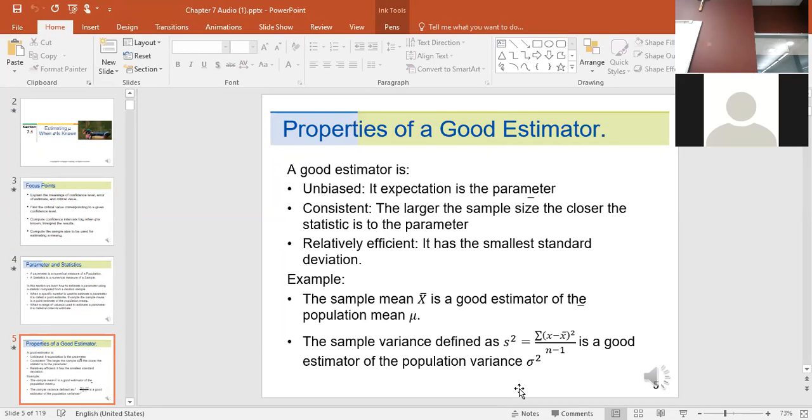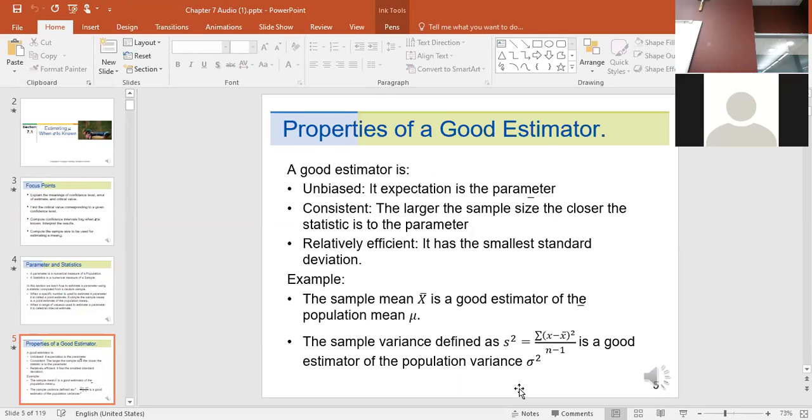And we will say that an estimator is considered good if it is not biased. What we mean by it is not biased is that the expected value of that estimator is the parameter. That means when you use that statistic, which we are calling estimator, you expect to get the parameter.